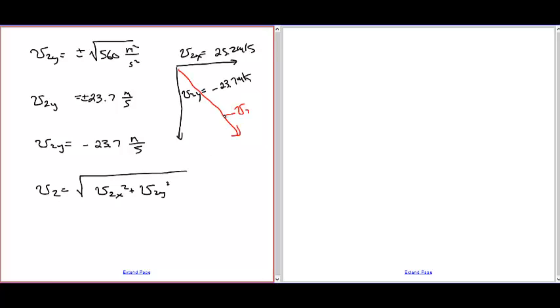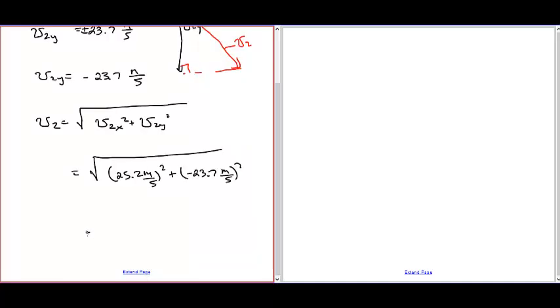So this is v2. And you see I create this right triangle. If I shift this down, I have this right triangle. So this is the hypotenuse of a right triangle. This is 90 degrees because the x and y are 90 degrees relative to each other. So we take the square root of v sub 2x, which is 25.2 meters per second, quantity squared, plus v sub 2y, which is negative 23.7 meters per second, squared.